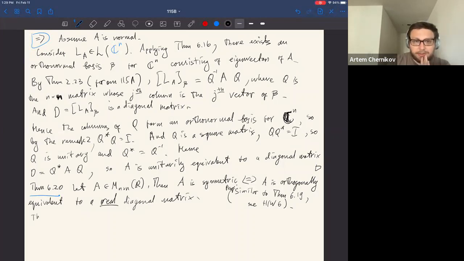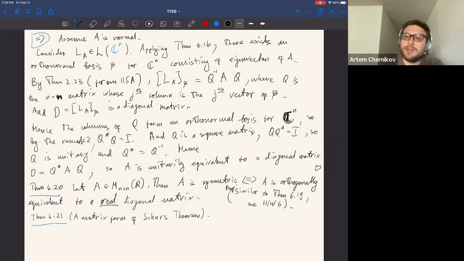The final result, theorem 621, is going to be the analog of Schur's theorem, but for matrices. This is a matrix form of Schur's theorem, which, remember, was an important result for linear operators whose characteristic polynomial splits.